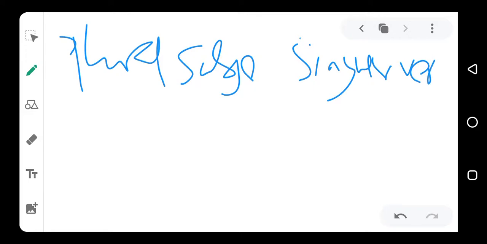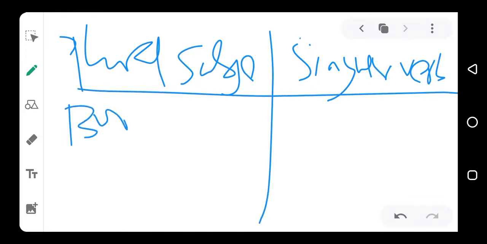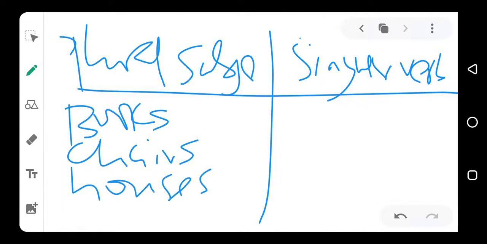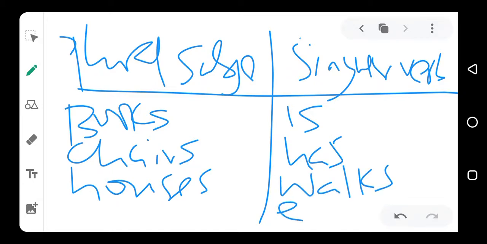Plural subjects, singular verb. We have books, chairs, houses, etc. But singular verbs take S, while their plural forms do not take S. So we have is, has, walks, eats.